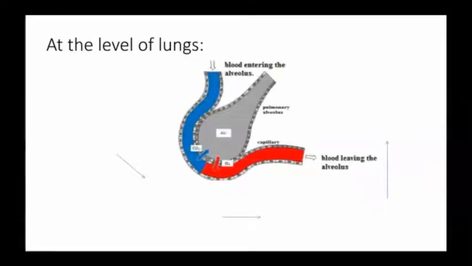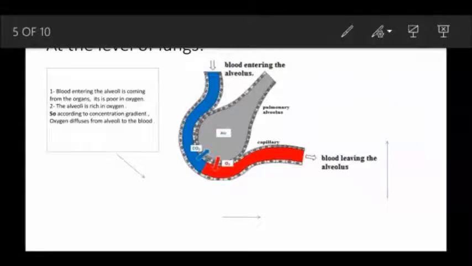Let's see now what happened at the level of lungs. In this document, we can see one alveolus, surrounded by blood capillary. The air inside the alveolus is rich in oxygen because it's the inhaled air, and usually the inhaled air is rich in oxygen. We can see here the blood that is entering the alveolus, colored in blue.